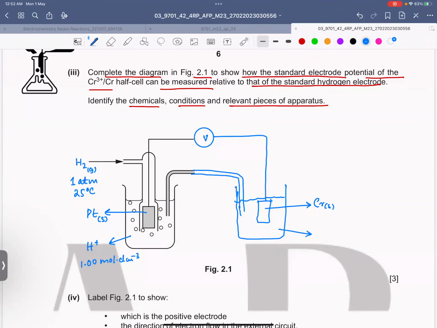And in the electrolyte, we have chromium 3 positive ions, and the concentration of chromium 3 positive ions would be 1 mole per dm cube. And here it's a salt bridge.